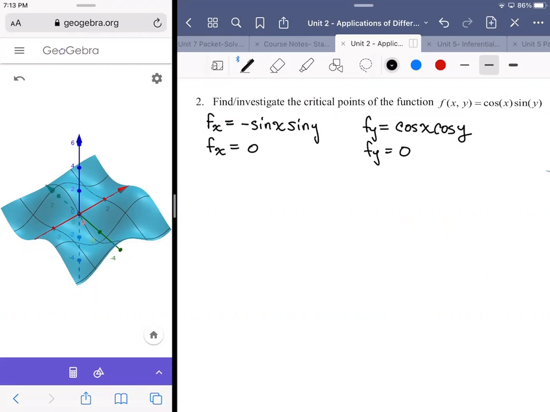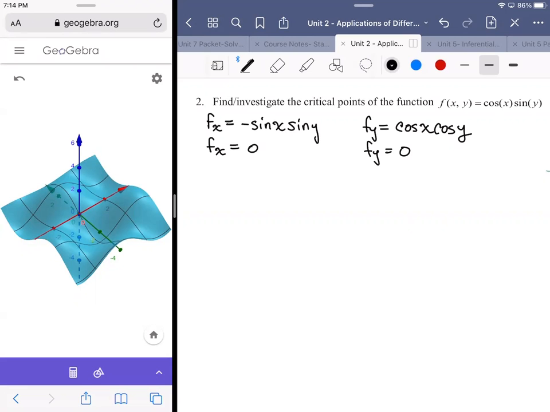Now, one thing that didn't come up in the last problem is we set our first order partials equal to 0, but we also set them equal to each other. In the last problem we had constant values, so there was no way we could set them equal to each other, right? The idea is that what we're looking for are the different ways in which our first order partial could be equal to 0.